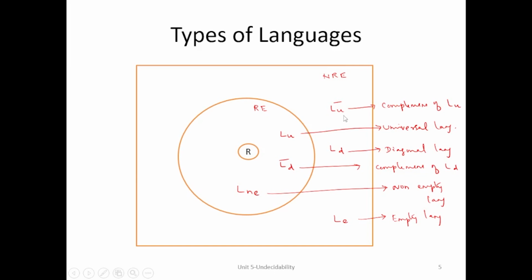The complement of the universal language, the diagonal language, and the empty language come under LNRE, that means the undecidable problems category. The universal language LU, the complement of the diagonal language LD bar, and the non-empty language LNE come under partially solvable problems, that means LRE.